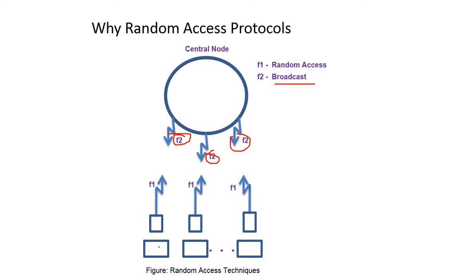Whenever the central node is broadcasting with the frequency F2, the remaining nodes, the receiver stations located on Earth, are accessing with the frequency F1. Whatever is broadcast by the central node is accessed by the Earth stations.